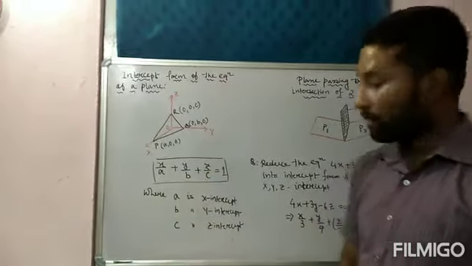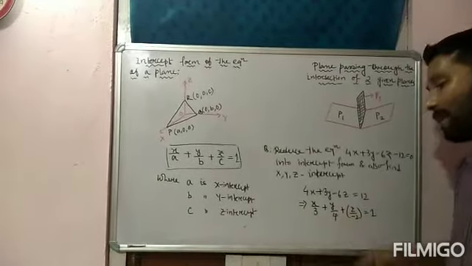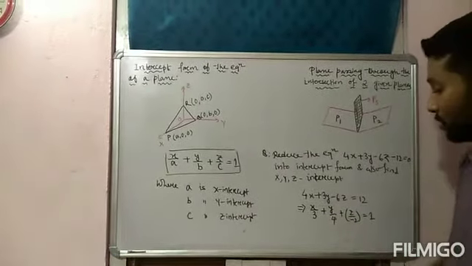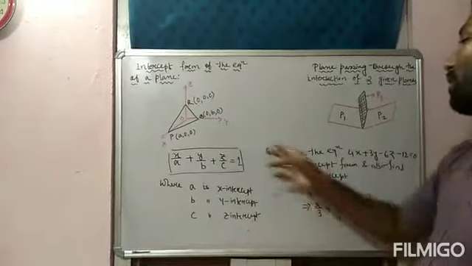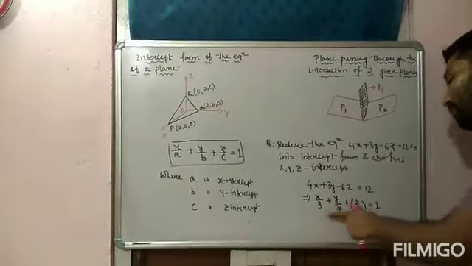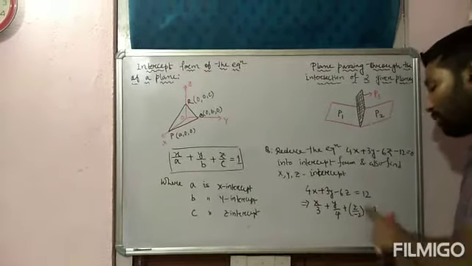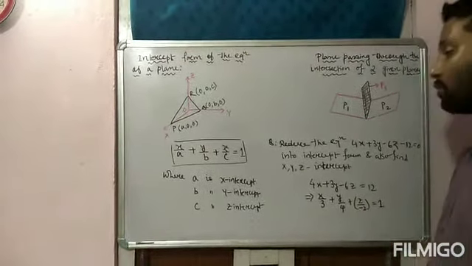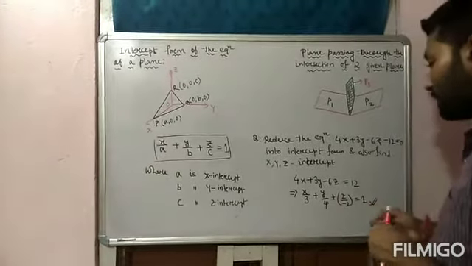All are plus signs. So that's why you write like this, because we know plus minus is minus only, the meaning is the same. So we just need to compare. To compare the equation with the standard form, you have to write in this way. Okay, x by 3 plus y by 4 plus of minus z by 2 is equal to 1. So this is the first part of this question.